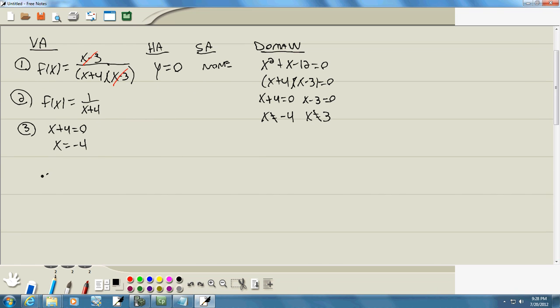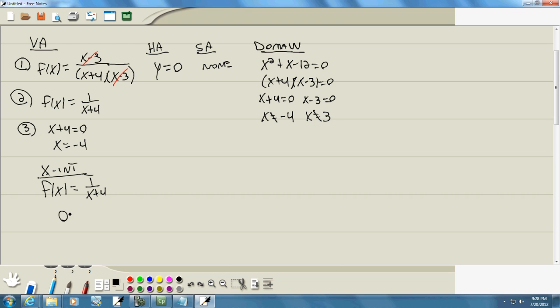Now our x-intercept. When you're finding the x-intercept and y-intercept, it should be based upon the simplified form, after you've done your canceling. So we're going to be taking a look at f of x is equal to 1 over x plus 4. If I find an x-intercept, I plug 0 into the other variable.